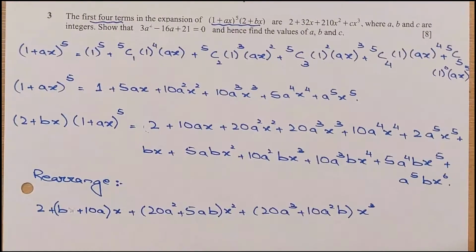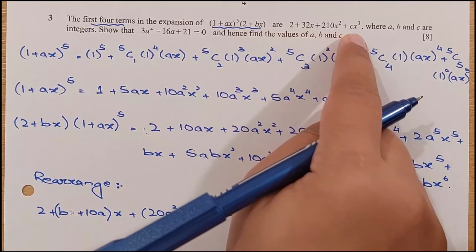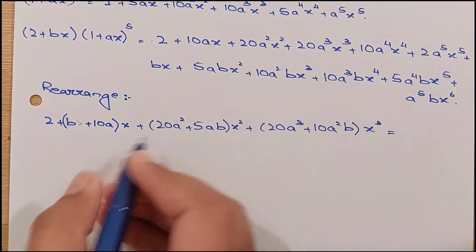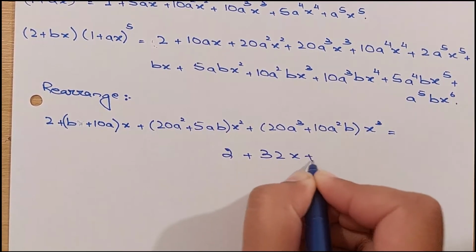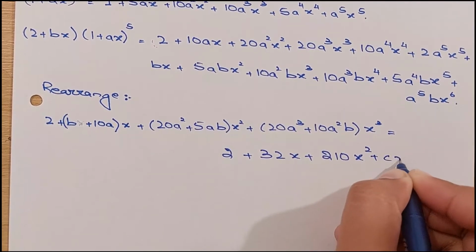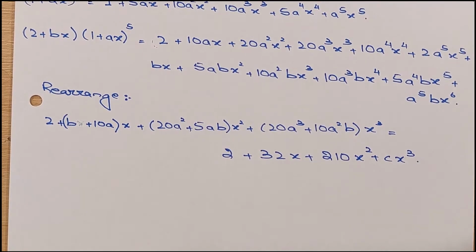Okay, and we are given that the first 4 terms in the expansion of this are 2 plus 32x plus 210 x square plus c x cube, right? Where a, b, c are integers, right?